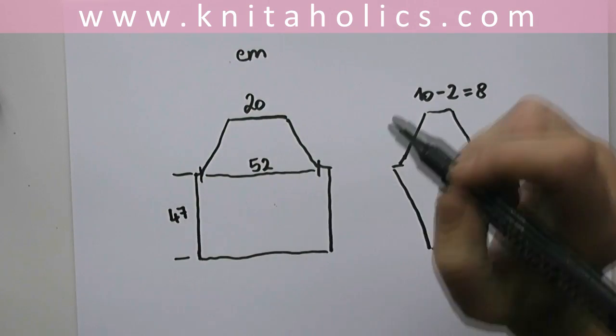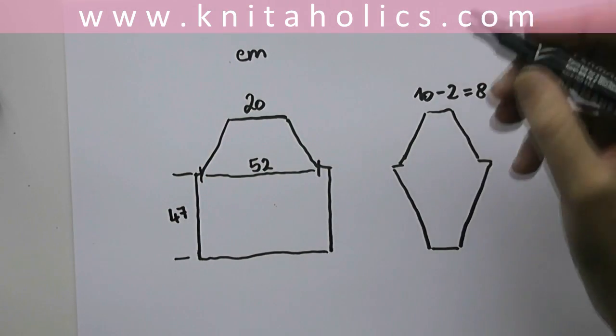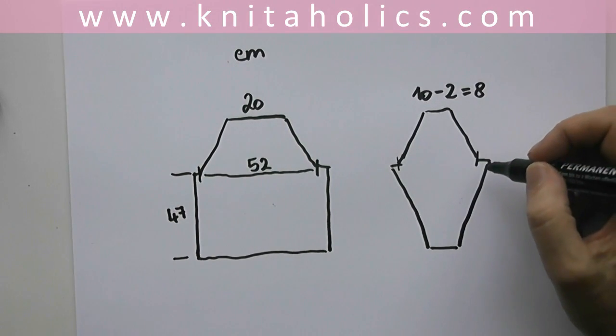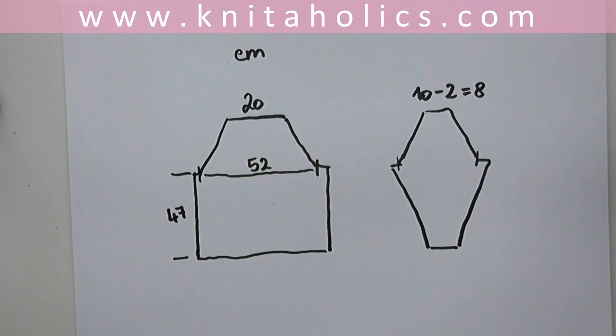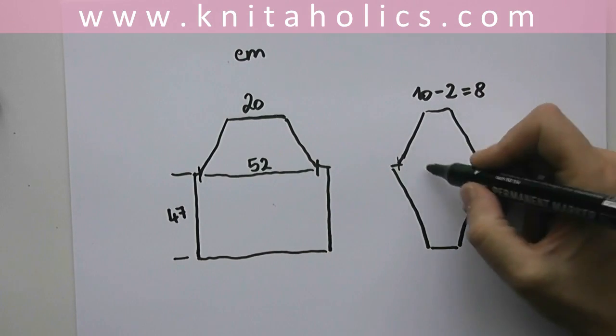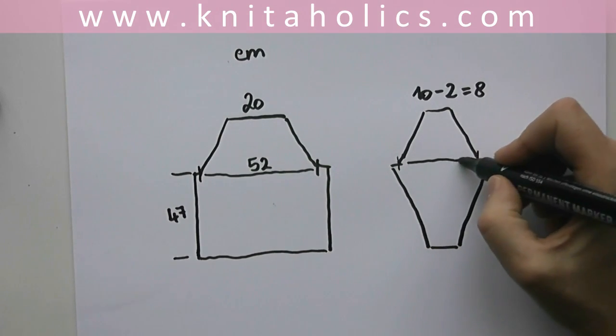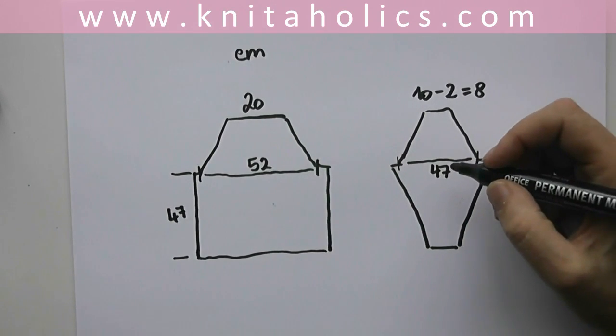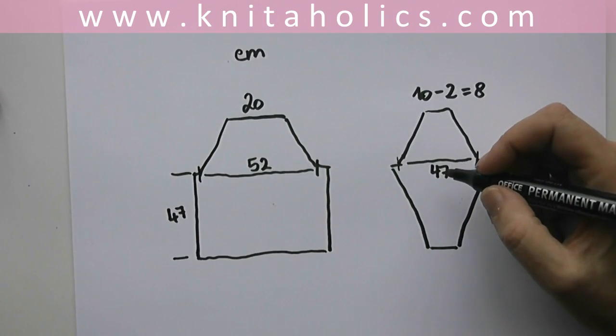The height for the body below the raglan part is 47 centimeters. Back width is the same, 47 centimeters, same as body height below the raglan.